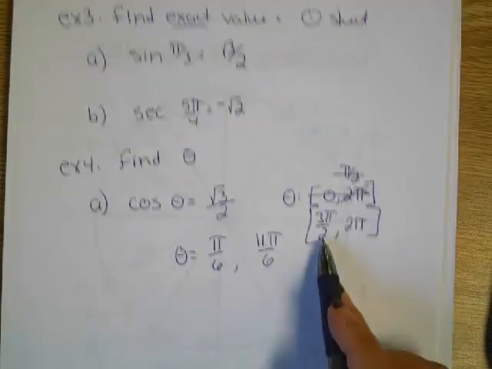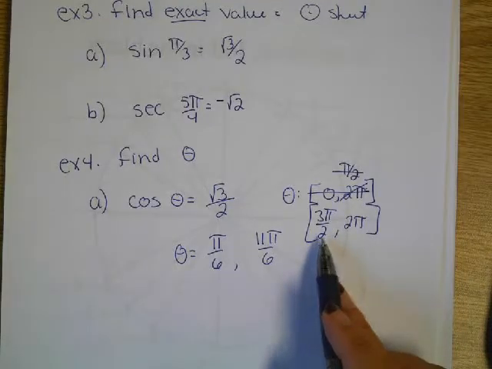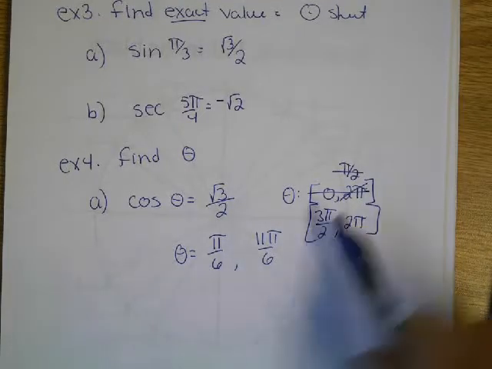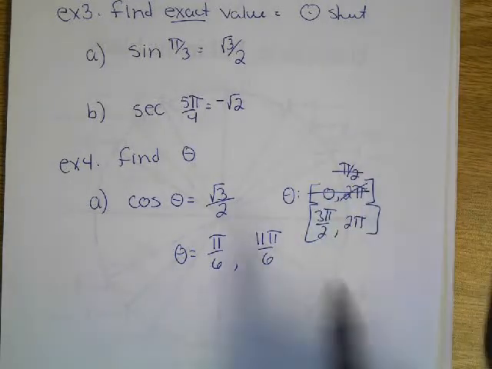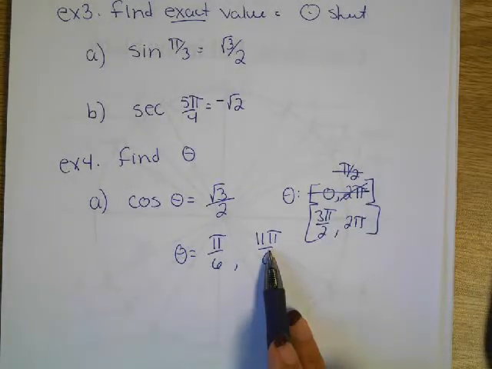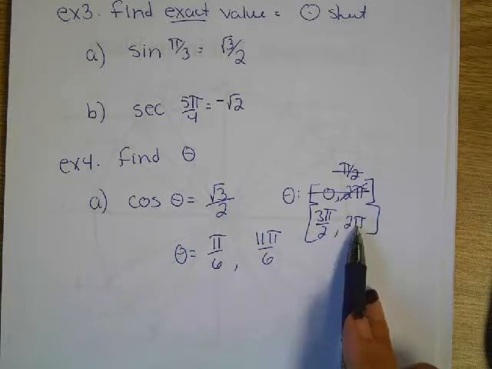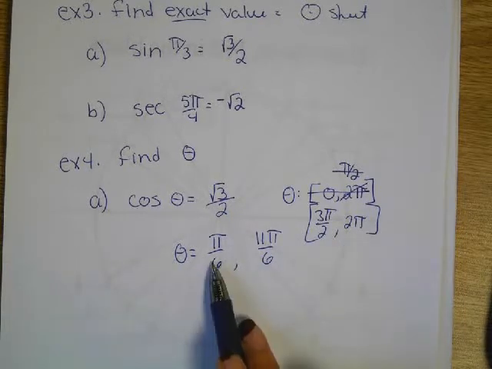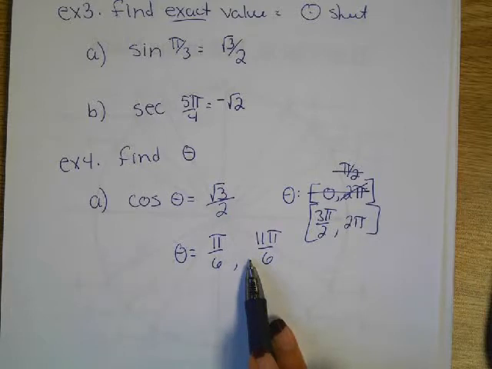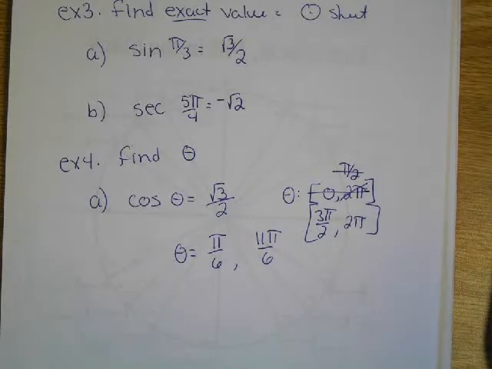Where's 3 pi over 2 at in terms of degrees? 270. So this is just the 4th quadrant. So you would have only given me this one. So does that make sense? So this interval tells you not only what kind of angle, but where to look. So the worksheet I have has it all mixed together to see if you really understand it. Are we good? I think we're good.